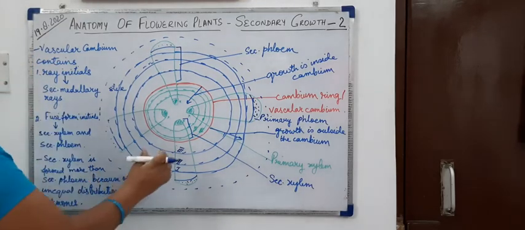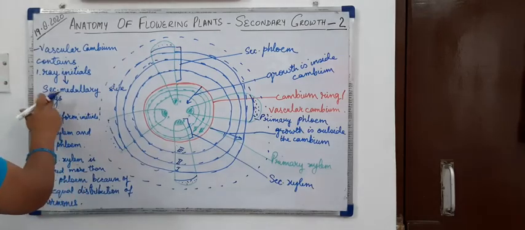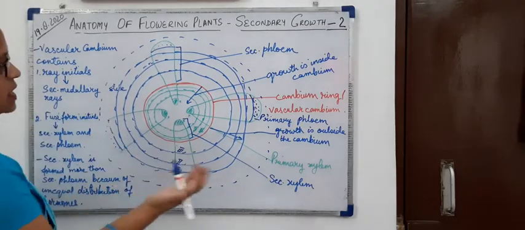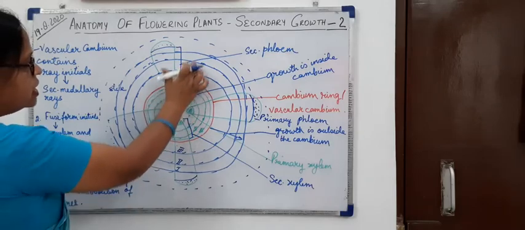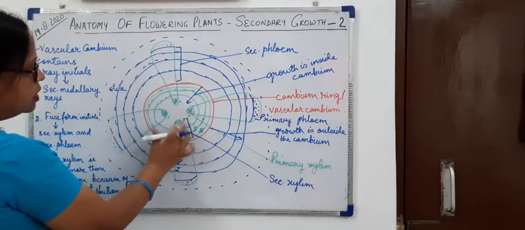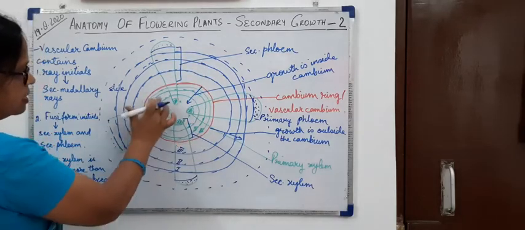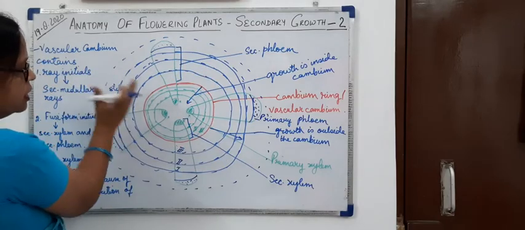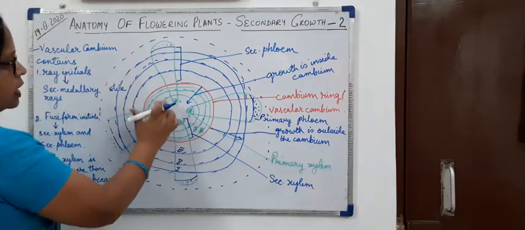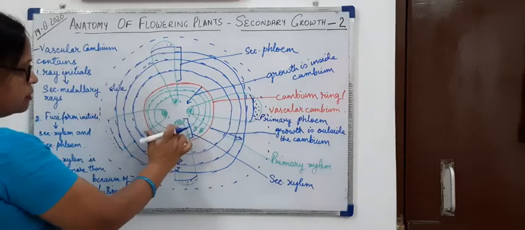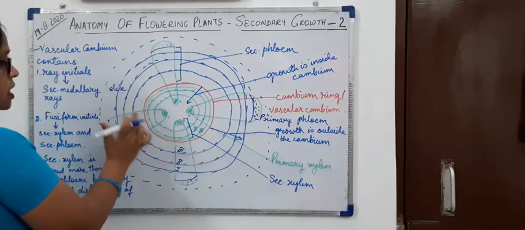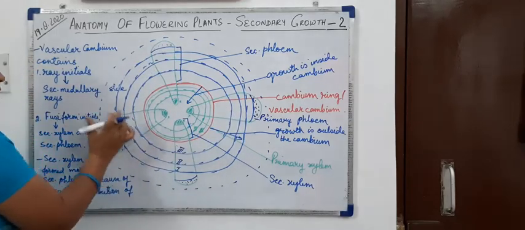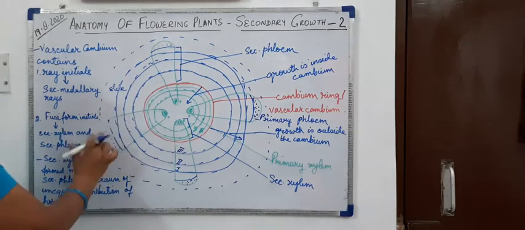And then we have seen secondary medullary rays. So which will be the secondary medullary rays? These areas between the vascular bundles, these will be the secondary medullary rays, and these areas within the vascular bundle, these will be the secondary xylem and secondary phloem.